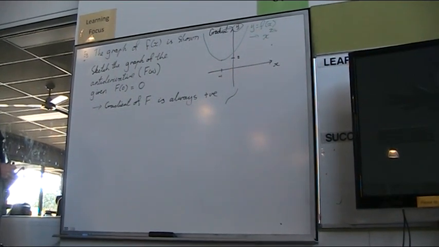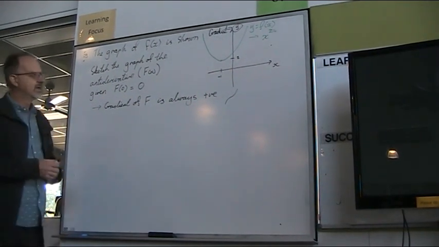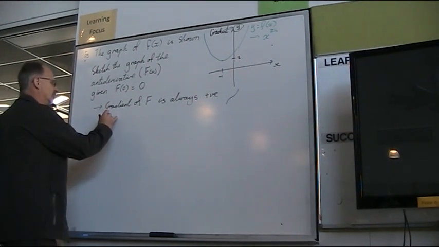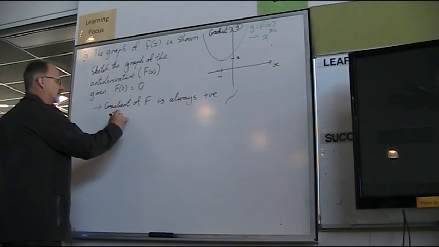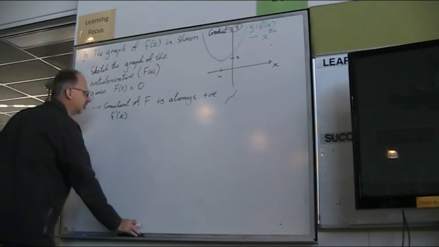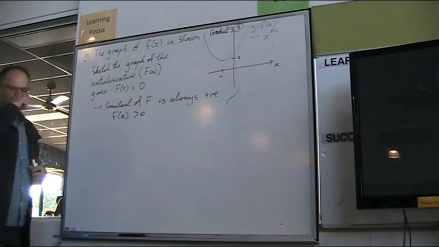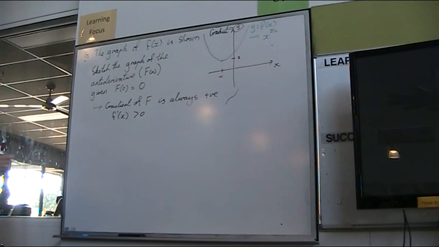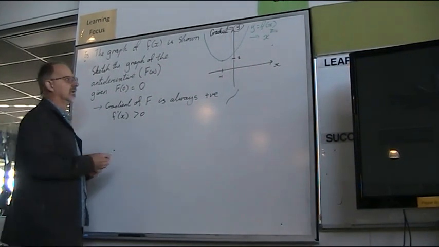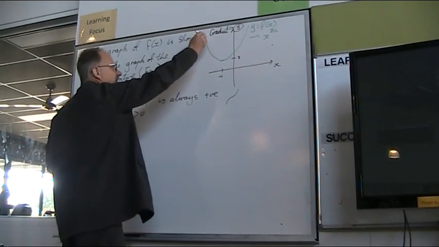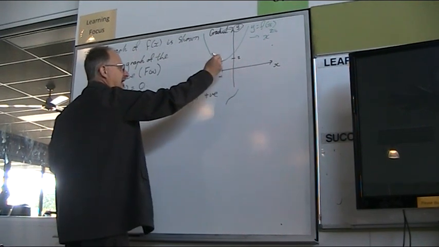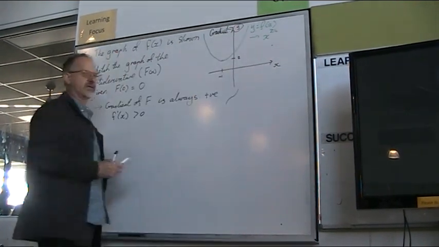All right. So f dashed x, another way of writing it, f dashed x greater than 0. So we've got a positive gradient on this thing. What else have we got? We've got a positive gradient, decreasing in value, gets to the lowest value of 2 there, and then increases again.